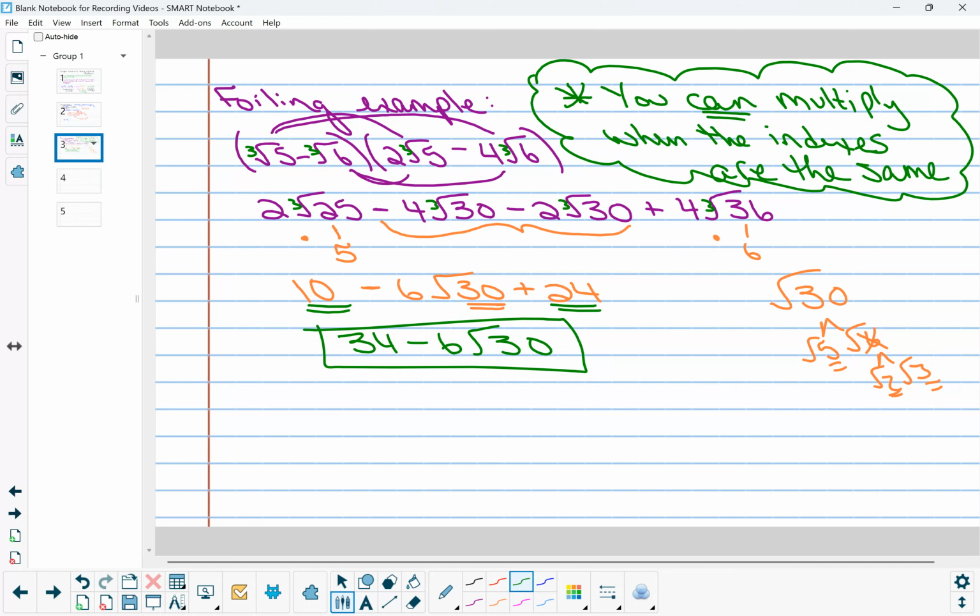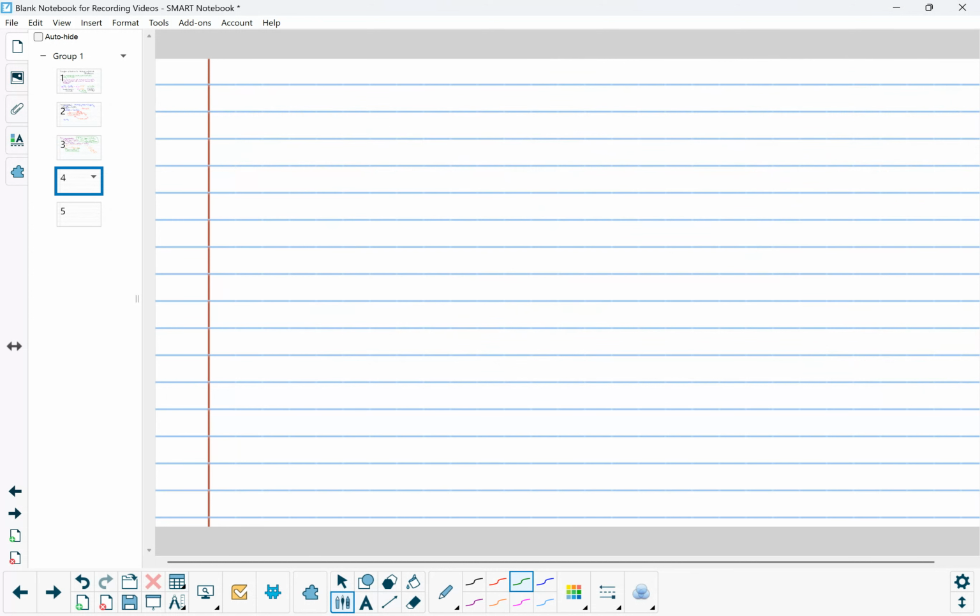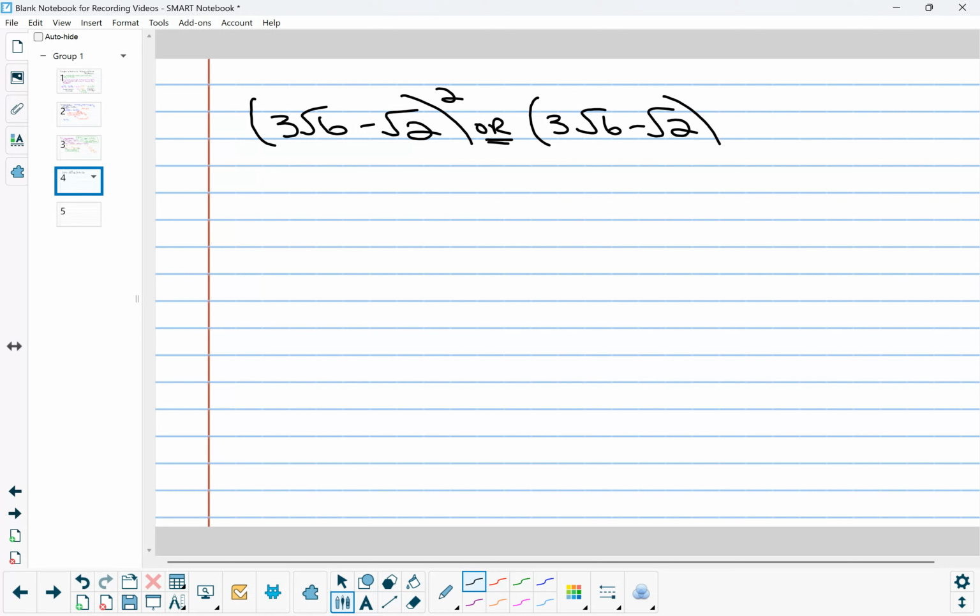And then the last one that I want to do, and it's going to set up essentially the same way, looks like this. So here's another example. So 3 rad 6 minus rad 2, and that is squared or even cubed. 3 rad 6 minus rad 2, and that might be cubed, right? So one or the other.